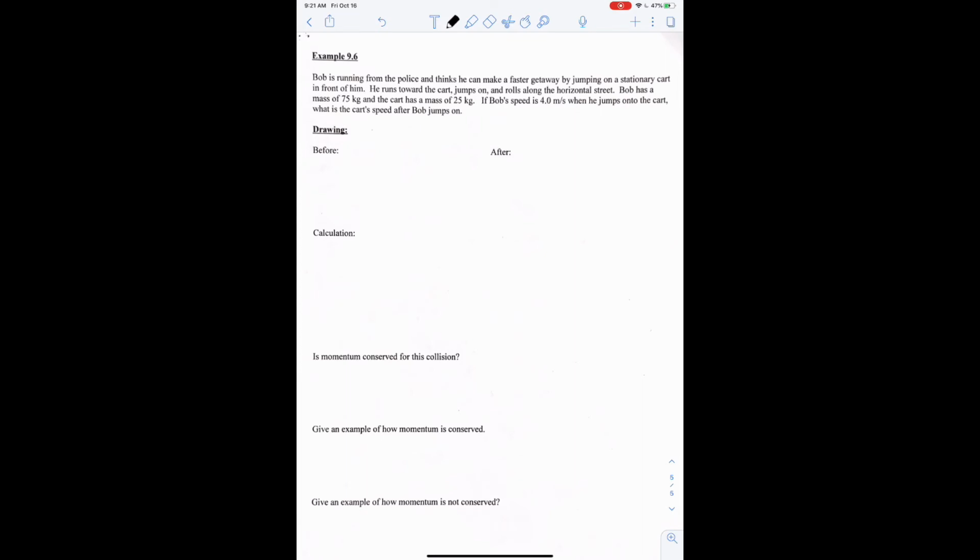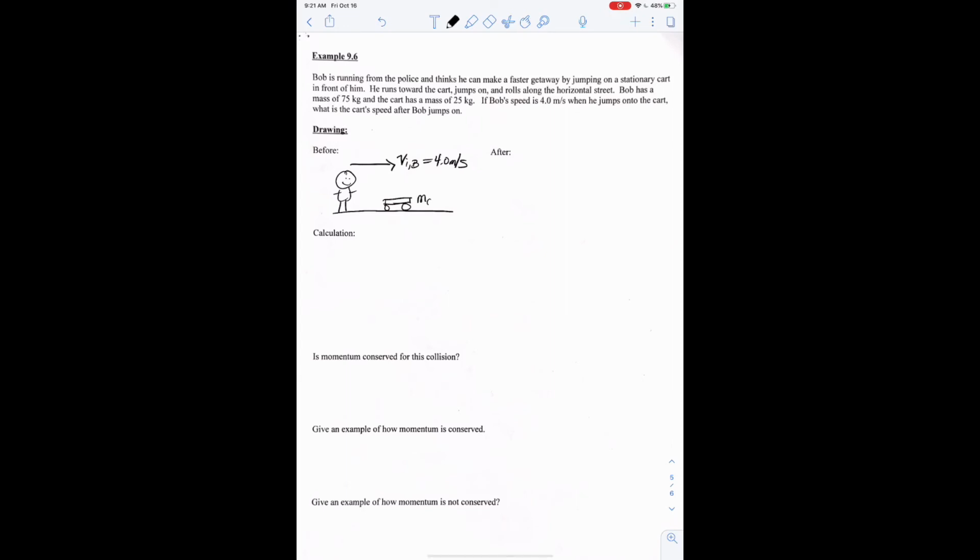So we're saying that the mass of Bob before, let's see, so we'll draw it like this. We'll have Bob here running towards the cart. We'll have the getaway cart right here, just drawn like a skateboard. Let's see. So VI of Bob is going to equal 4.0 meters per second.